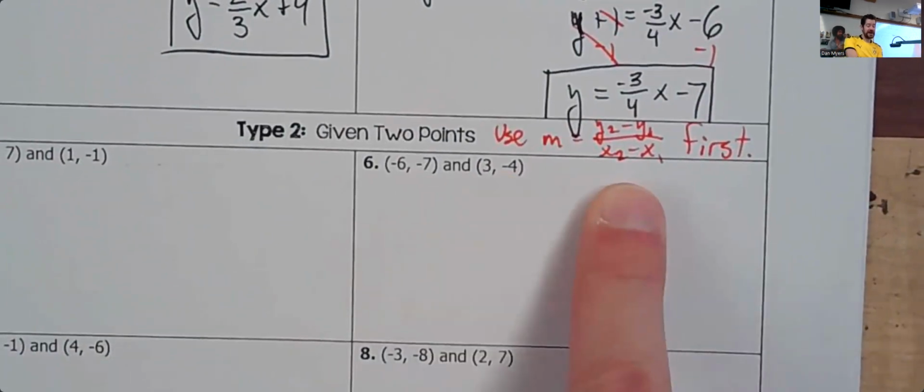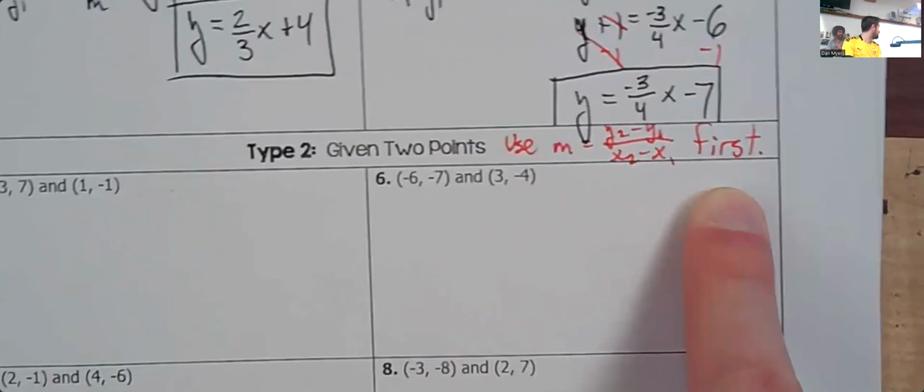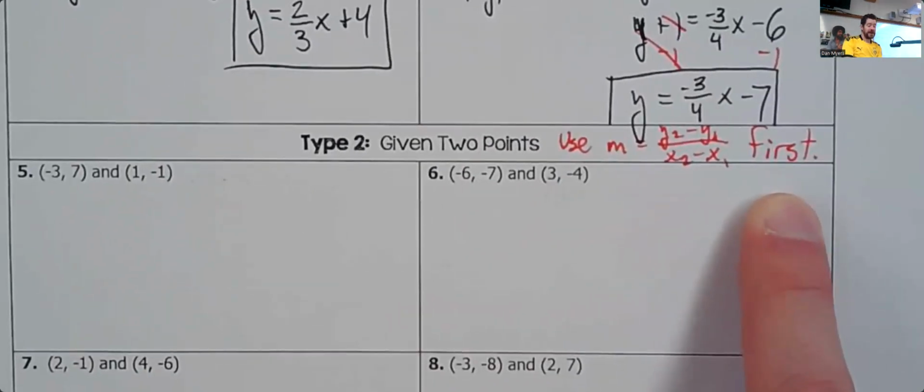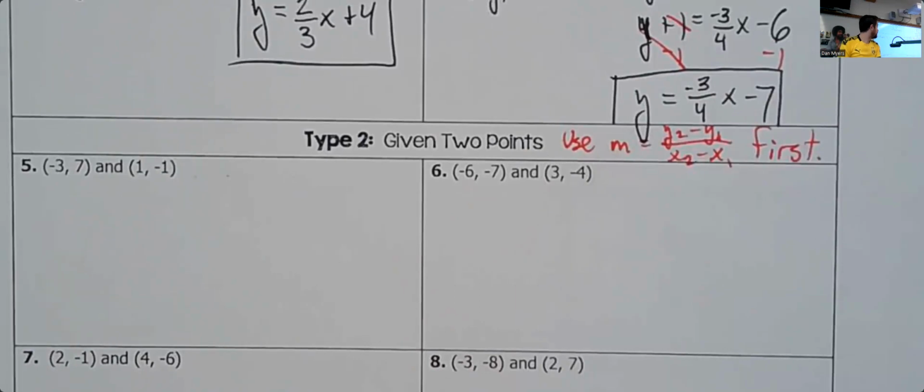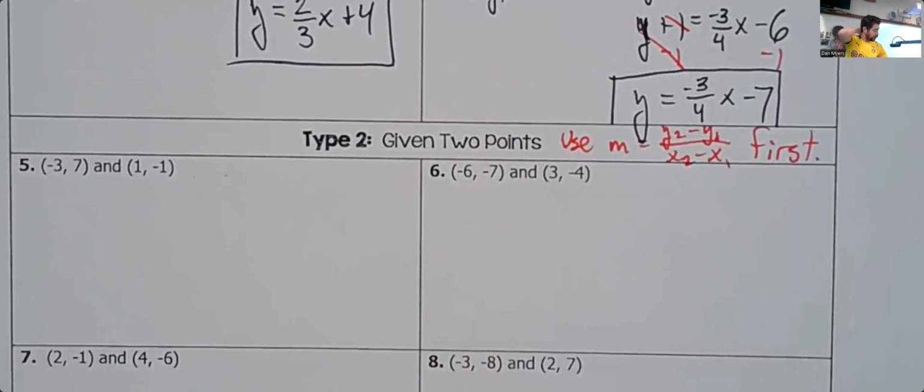X2 minus x1 on the bottom, Y2 minus y1 on the numerator. That has to be done first because if you don't have the slope, you can't use point slope. Slope is necessary for that. So what we need to do is figure out our slope and then plug into point slope, and then we're good. And then convert to slope intercept after that.